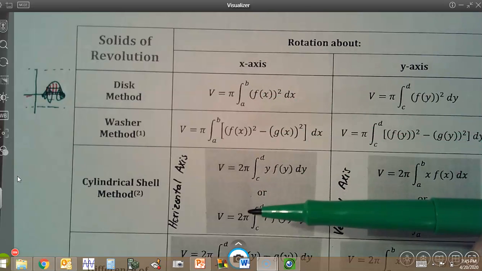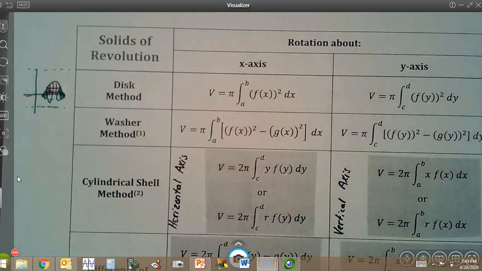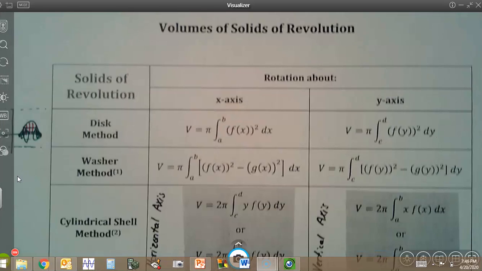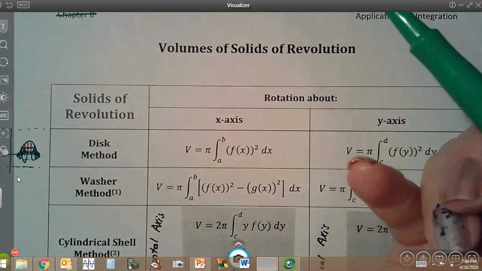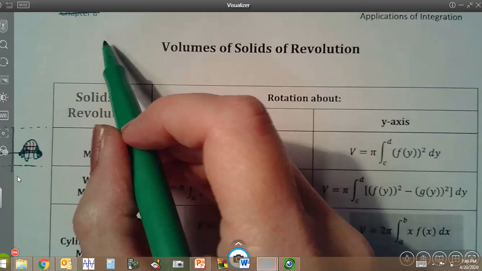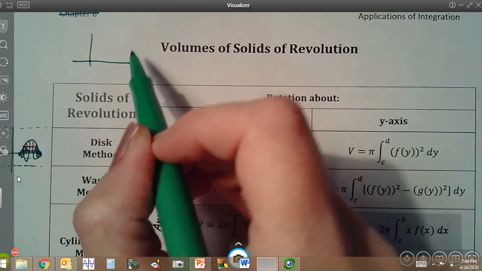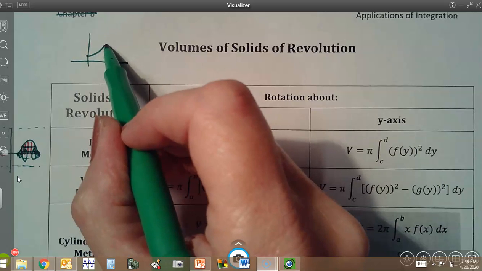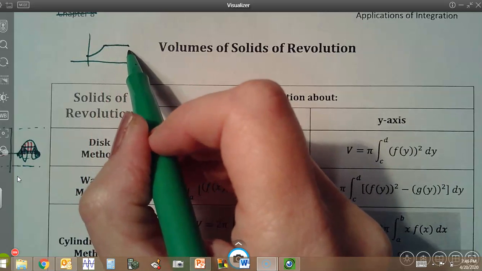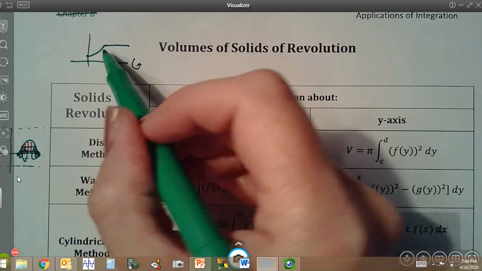Okay. But often there is more than one way. Say I were to have a function where there's really two different regions. Let's say maybe it goes like this, and then maybe it goes straight, and I want to rotate it around the x-axis.